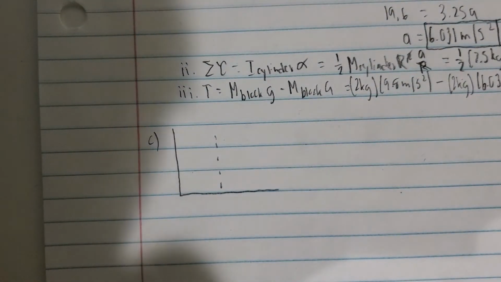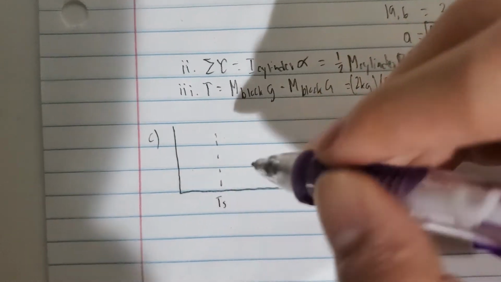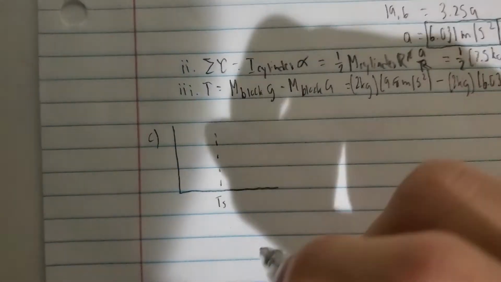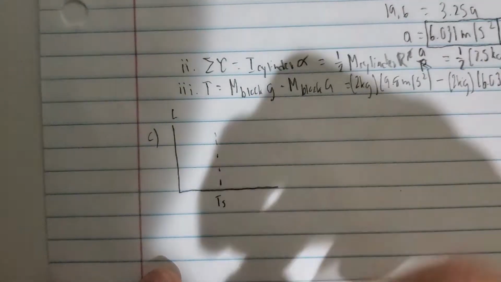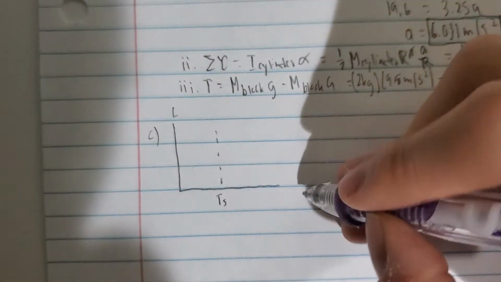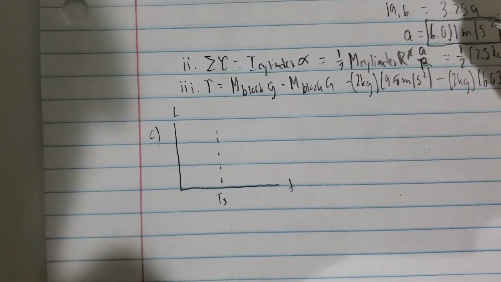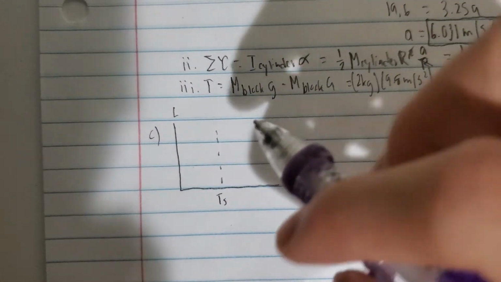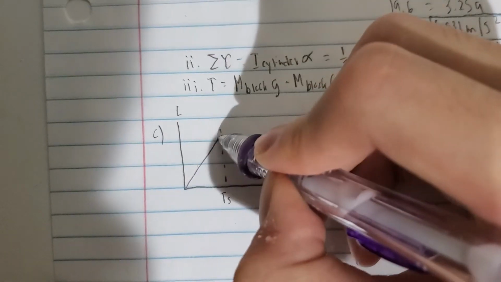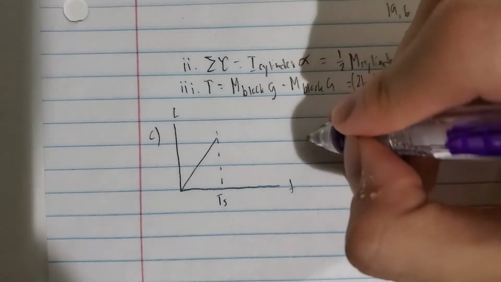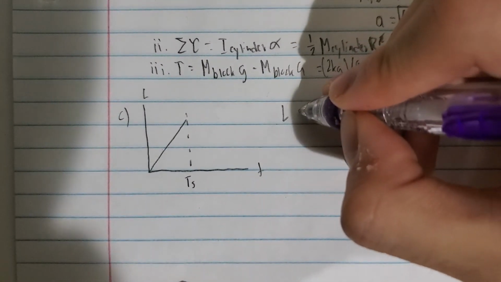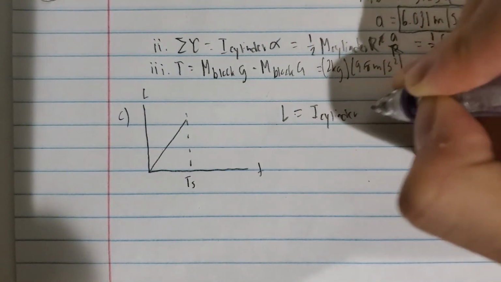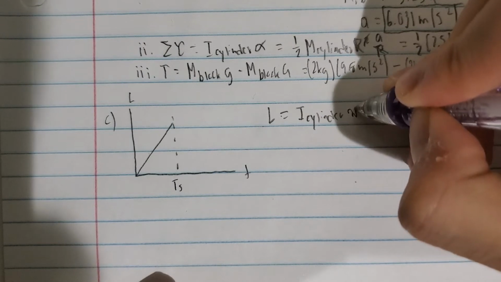Okay, so before TS, or before the string completely unwinds, the angular momentum. Wait, this is an angular momentum graph versus time, by the way. Okay, so I know that in the first part, my graph is going to be linear because my angular momentum by definition is going to be equal to my I cylinder times omega.